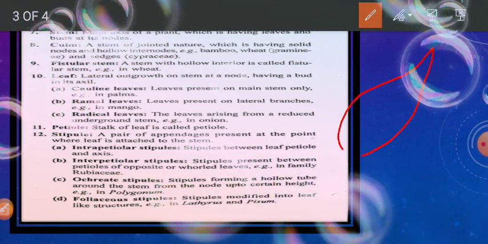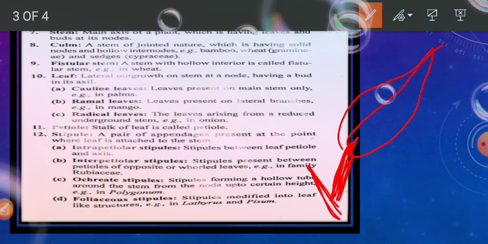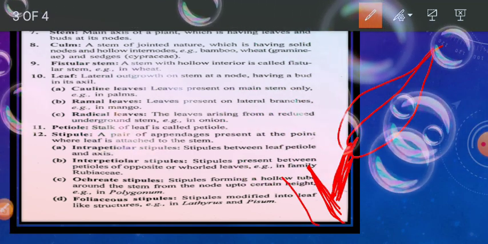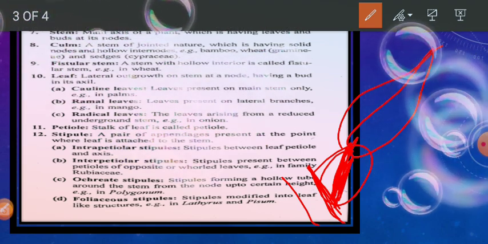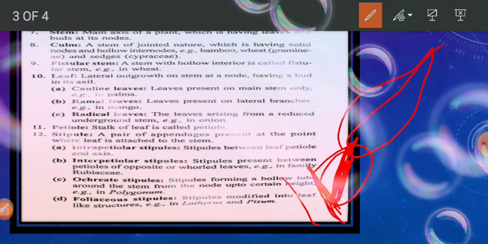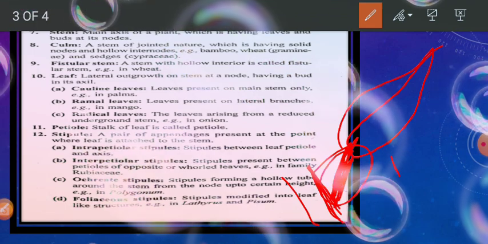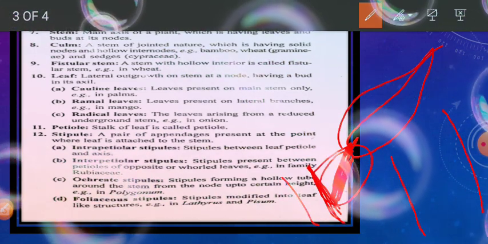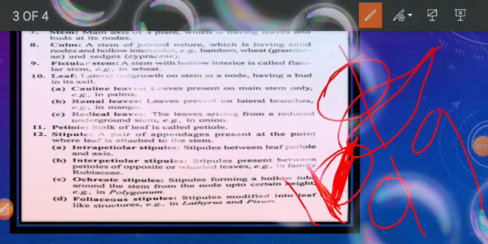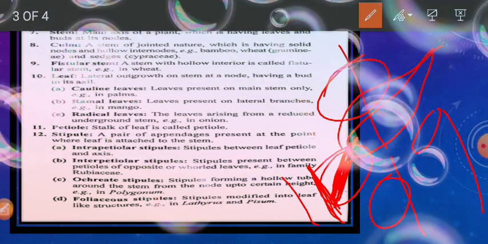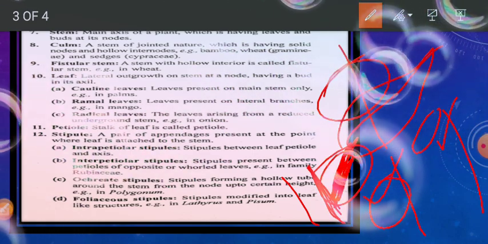Suppose this is the leaf, and this is the stem; the appendage attached here is the stipule of the leaf, and it may be intrapetiolar or interpetiolar. Intra means in the same, and inter means in between two. So the stipule lies between the leaf petiole and the axis.